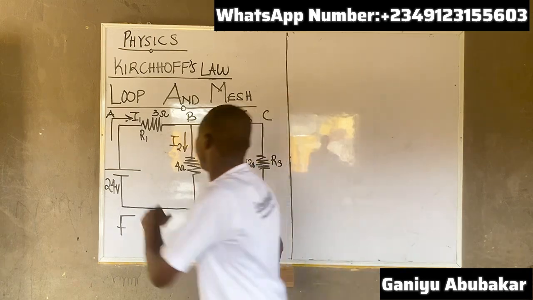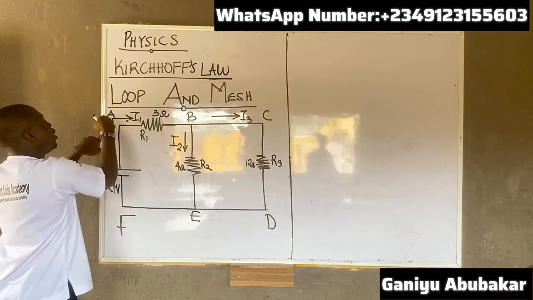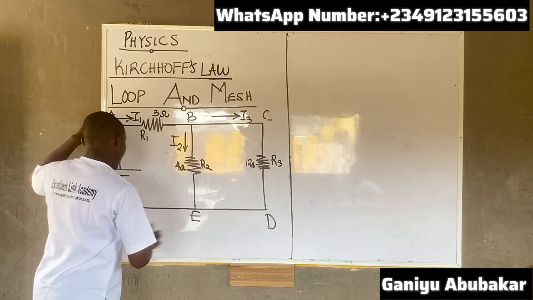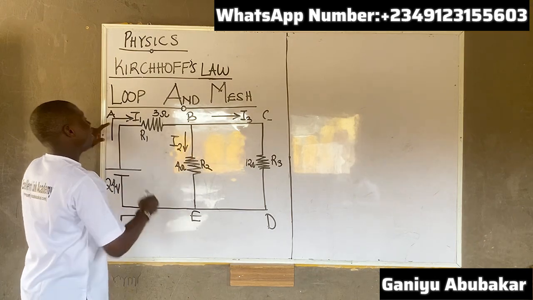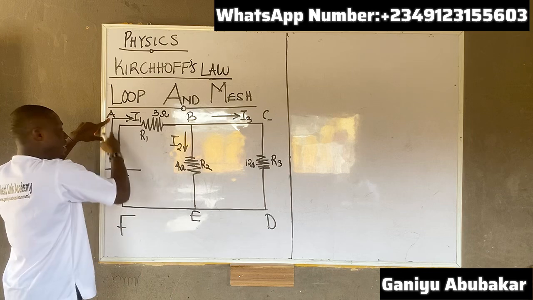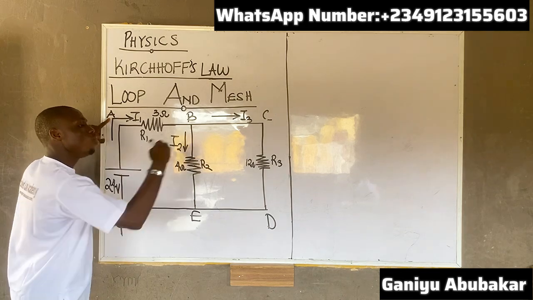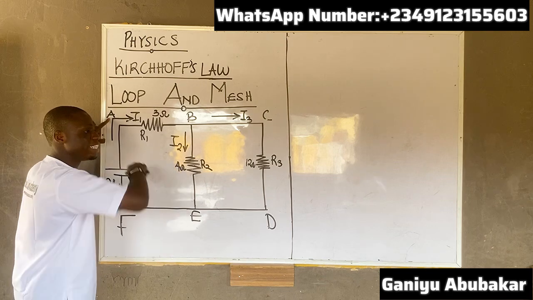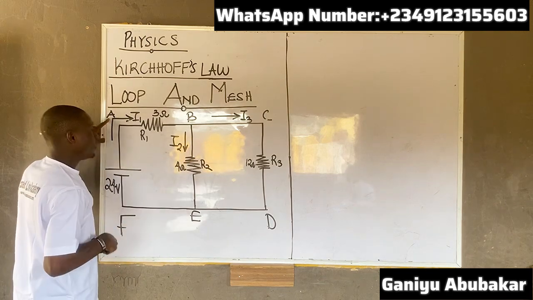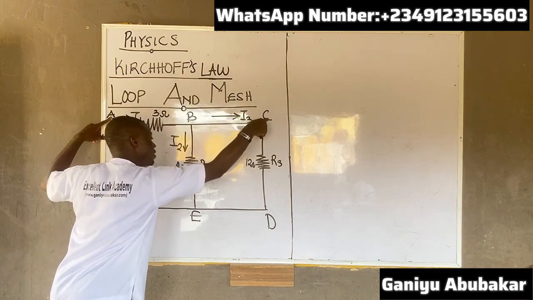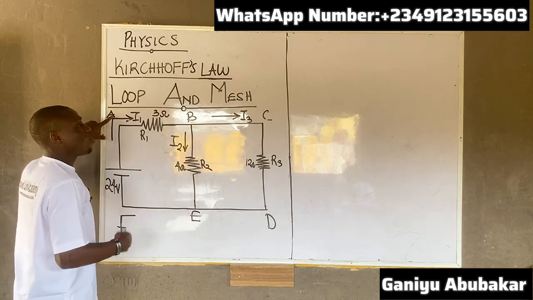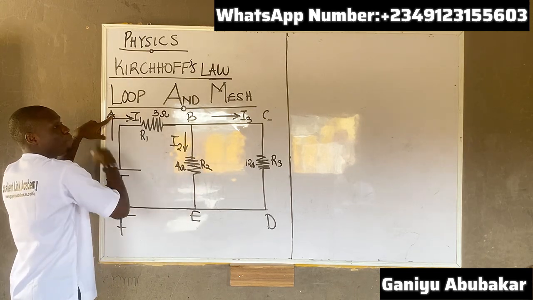Observe that I have A, B, C, D, E, F, A. It starts from A and ends with A. A loop is simply a path that is enclosed. So A, B, C, D, E, F, A is called a loop. Why? Because it starts from a point and ends at that point.